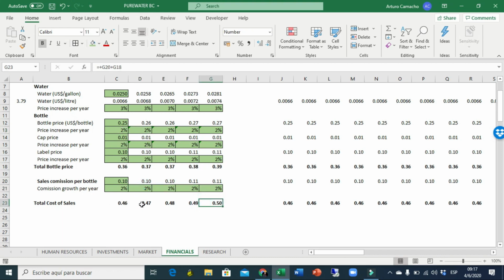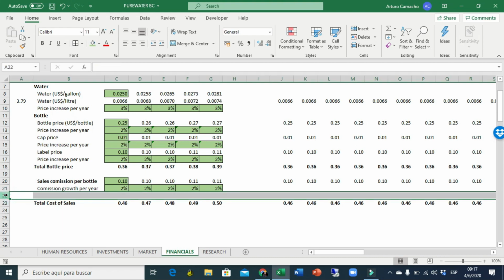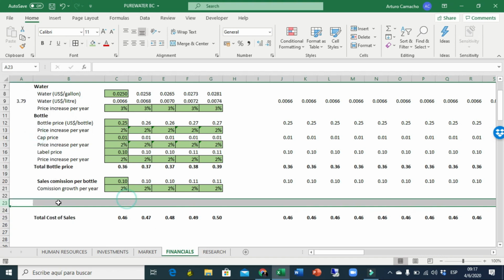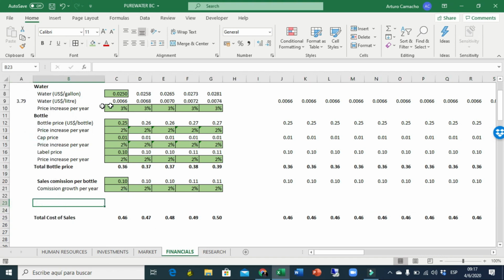So I add up all the costs. So this is the 37 cents of the bottle plus the 47 cents, and of course plus the water price. I'm sorry, the water price needs to be somewhere. Let me insert it here, because it will depend on the size of the bottle we're using, right?